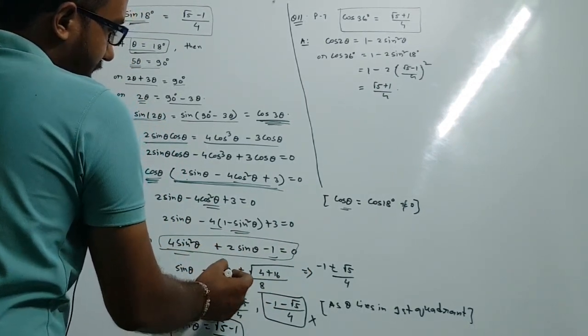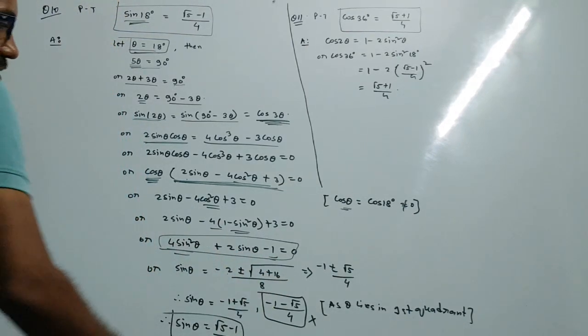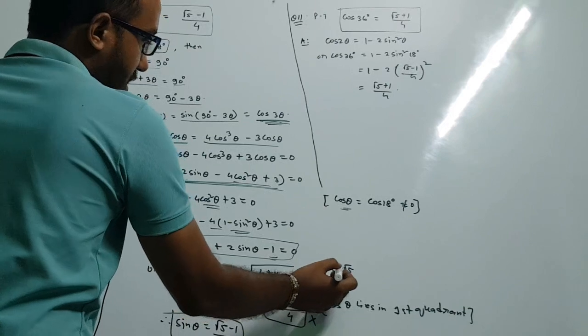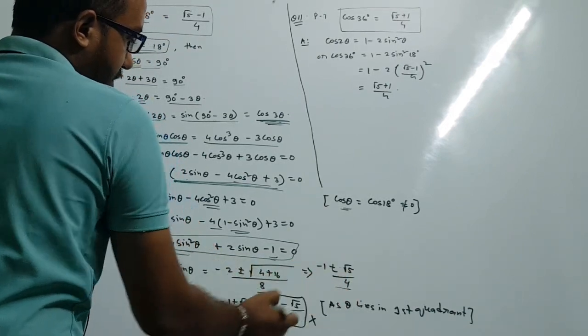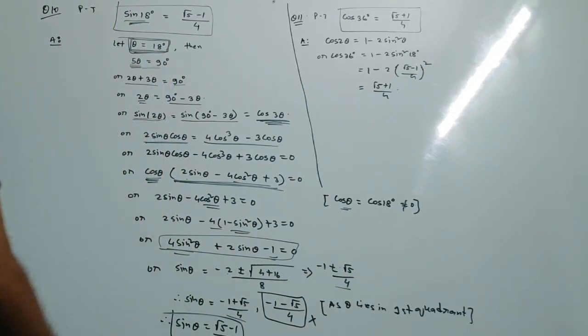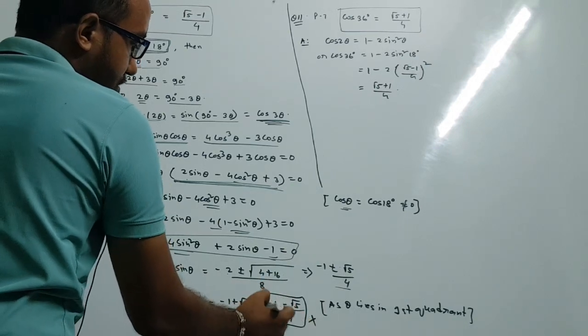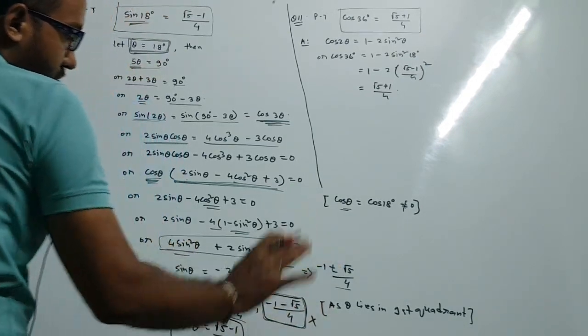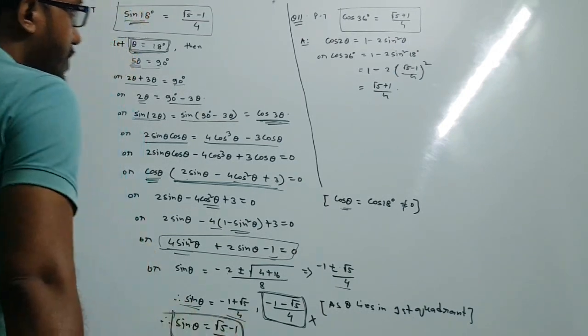So sin theta would be minus b plus minus root under b square minus 4ac by 2a. After that you will get two values, minus 1 plus root 5 by 4 and minus 1 minus root 5 by 4. As theta lies in the first quadrant, sin theta value cannot be negative, so this value is ruled out. So our sin theta value would be root 5 minus 1 by 4.